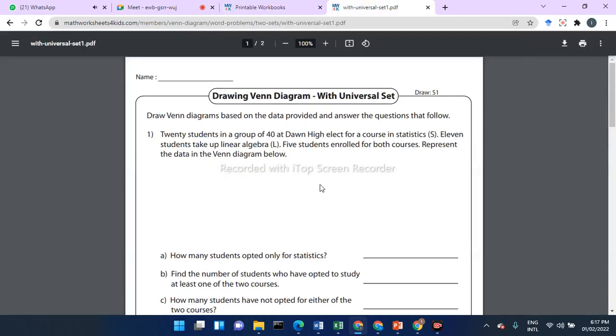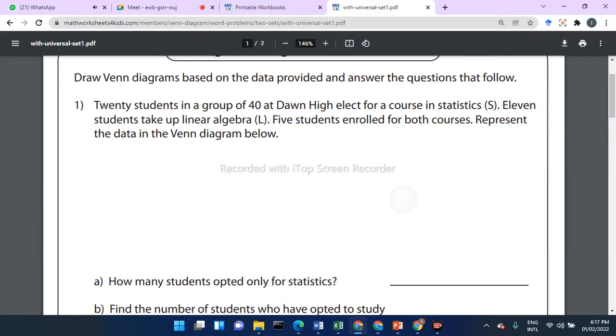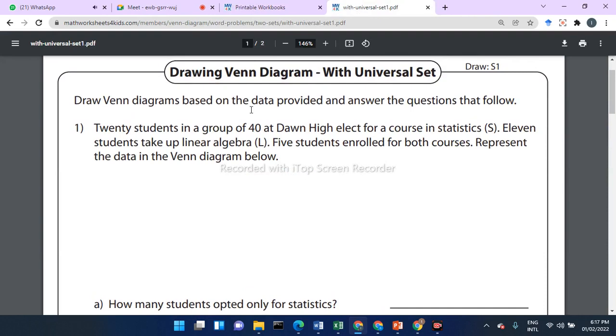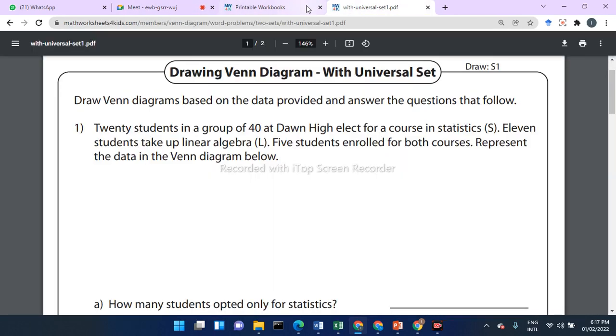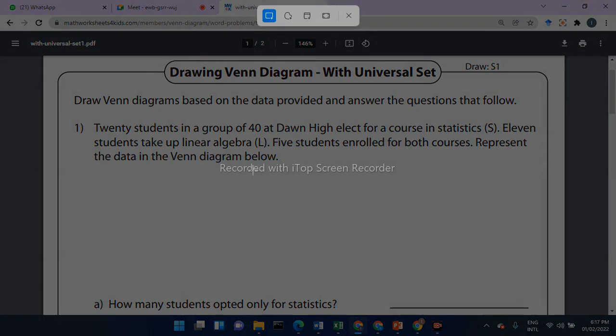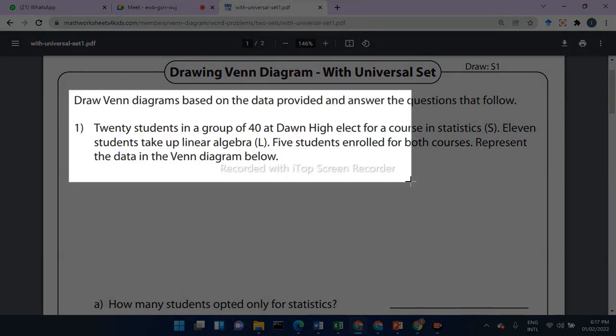So draw the Venn diagram. Please write down this question. It says draw Venn diagrams based on the data provided and answer the questions that follow. This is the one we're doing, yes. Okay, so this is our question for today.